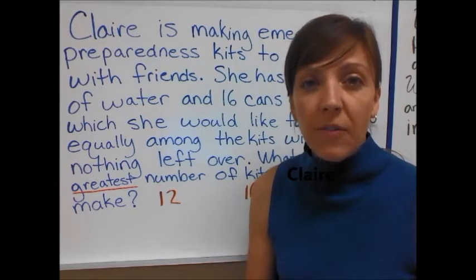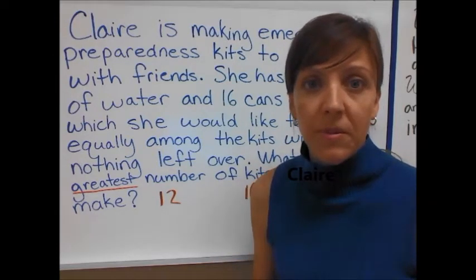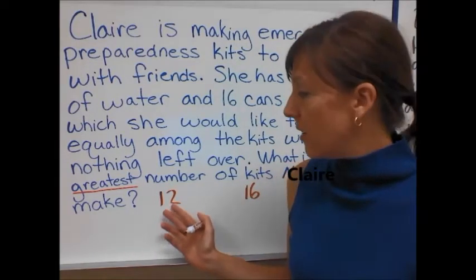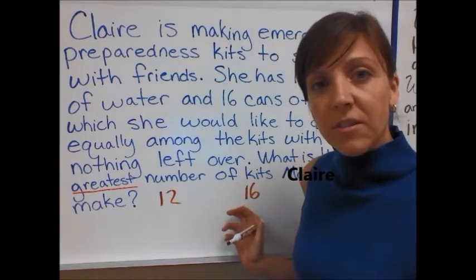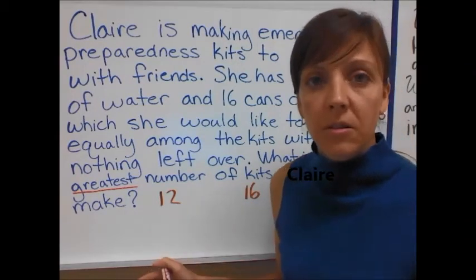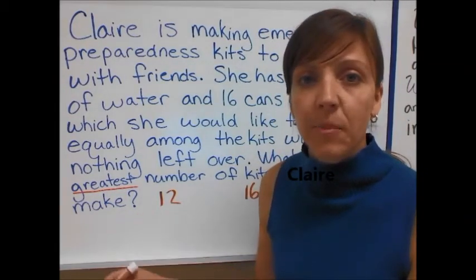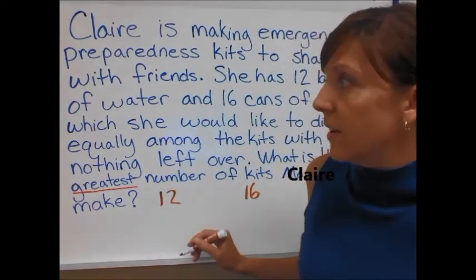So if she's splitting something into groups, is our number going to be larger than 12 or larger than 16, or is it going to be smaller than 12 or smaller than 16? We're definitely looking for a smaller number than 12 or 16, okay?